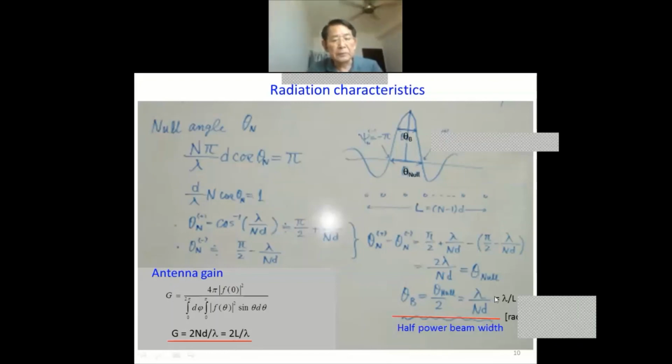So from these two expressions, the half power width and this antenna gain are in an inverse relation.